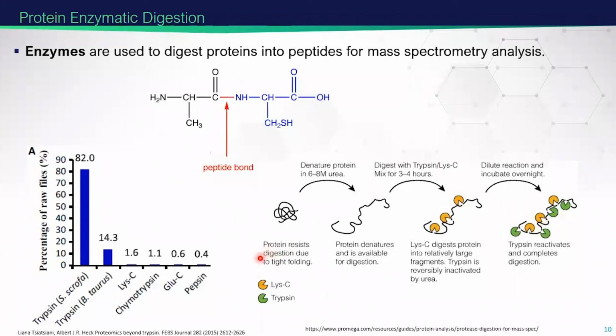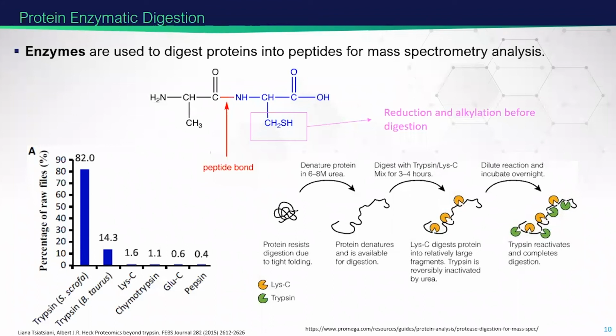Sometimes, if you want to get very high specificity, you can even combine two enzymes together to make it more specific. A lot of the time in our proteomics workflow, cysteine amino acids often form a disulfide bond between sulfur and sulfur in the protein's three-dimensional structure.